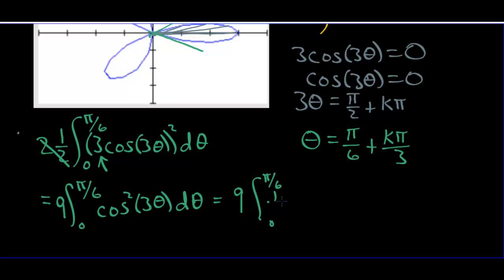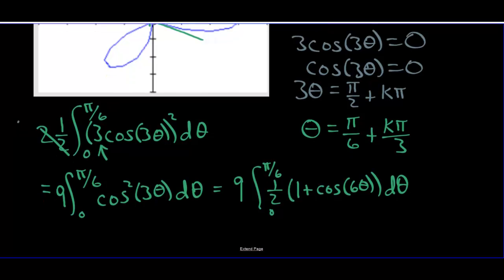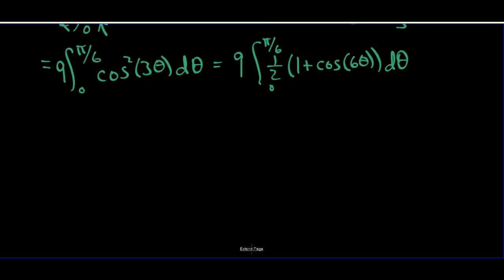This is going to be 1/2, 1 plus cosine 6 theta. There's what it is. And then I can factor out the 1/2, and I get 9/2, 0 to pi over 6, 1 plus cosine 6 theta.